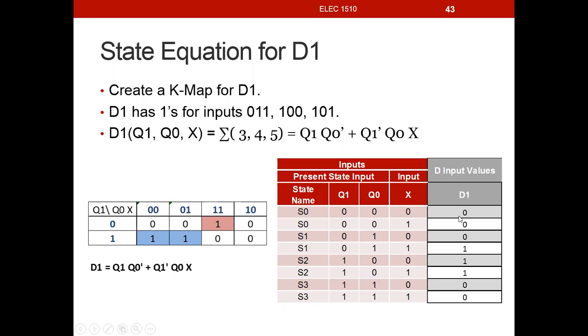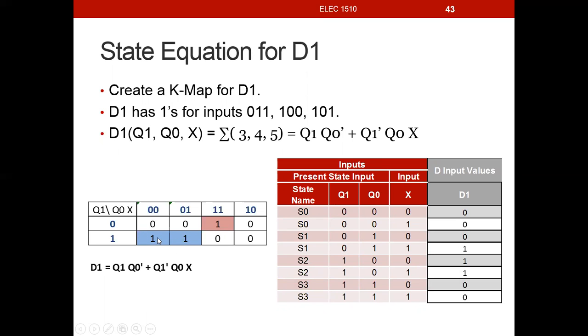So we can write this as, let's see where we have the ones in this equation. We have the ones for the binary combinations 0, 1, 1, so 3, 4, and 5. So we say that D1 is a function of the inputs Q1, Q0, and X, and is the sum of 3, 4, and 5. The summation symbol tells us where the ones are in our truth table. If we were to map that out, here's the 3, here's the 4, here's the 5.